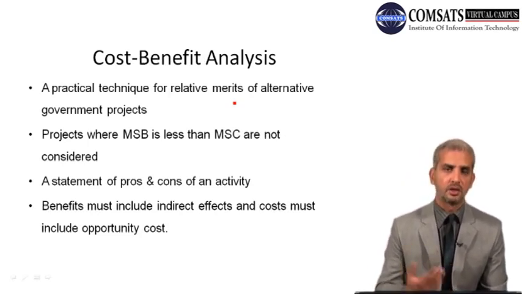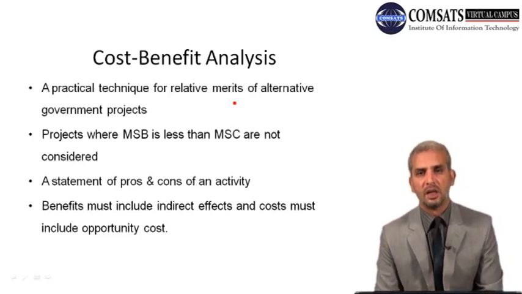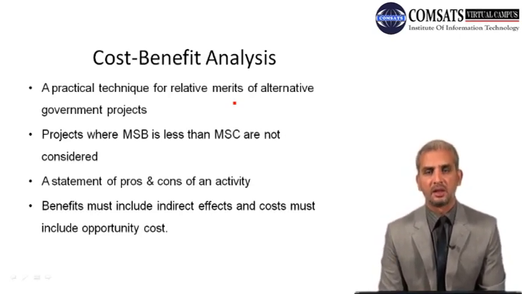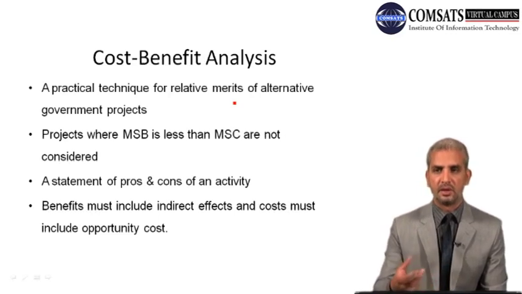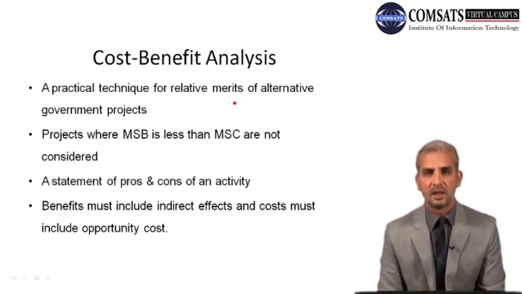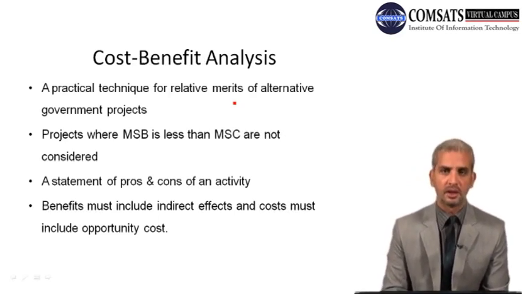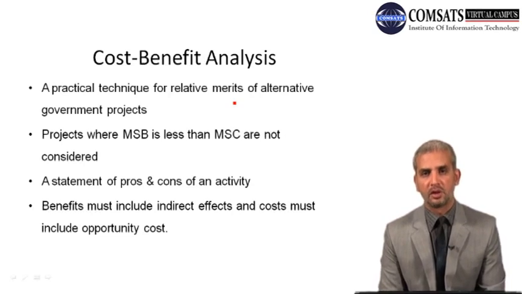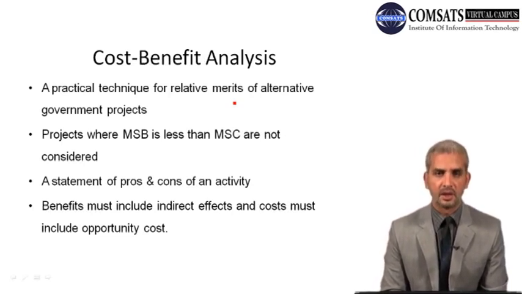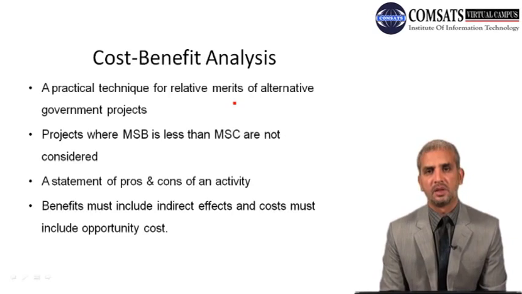The costs are basically of two types, direct cost and indirect cost. Direct costs are very visible and are just being incurred, but then there are external effects which are termed indirect cost, and those also need to be included to convert the operational cost into a social cost. The same scenario applies to social benefit.